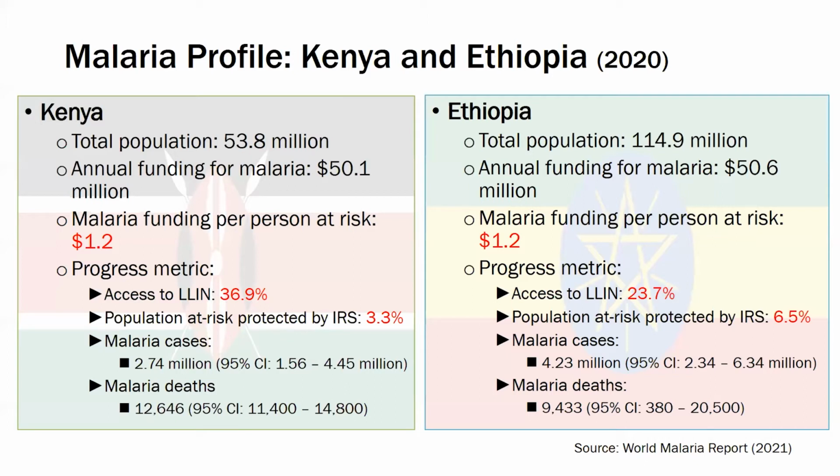Due to the COVID pandemic, funding for malaria control in these two countries has been substantially reduced to only $1.20 per person at risk per year in 2020, the lowest among the sub-Saharan African countries reported in the World Malaria Report. Access to LLIN for both countries was below 40%, and the population at risk protected by IRS was below 10%.